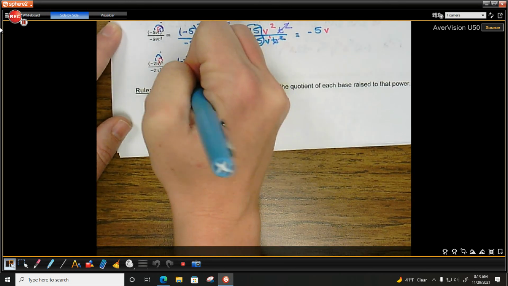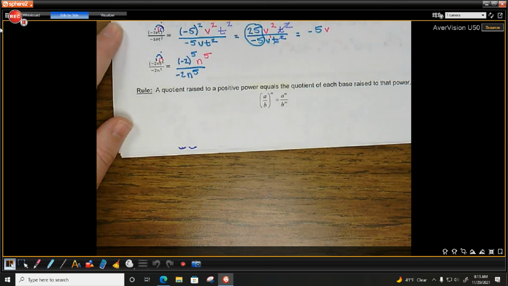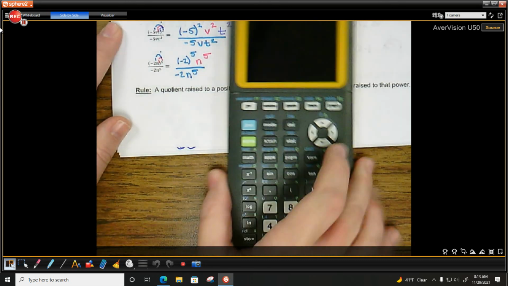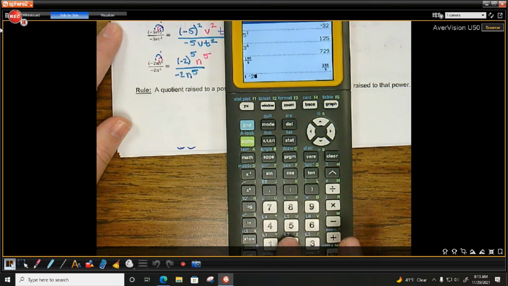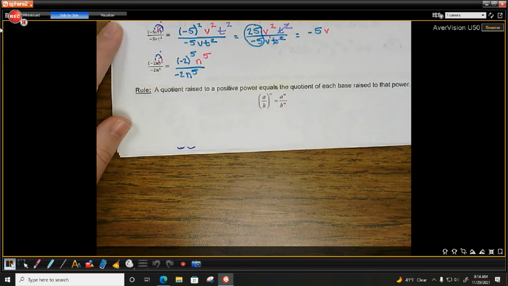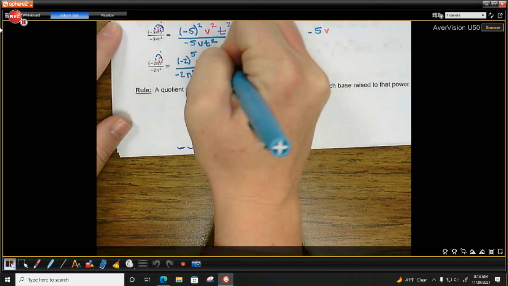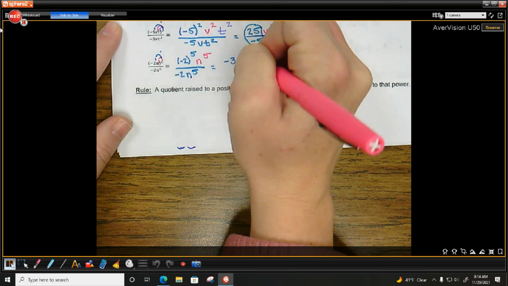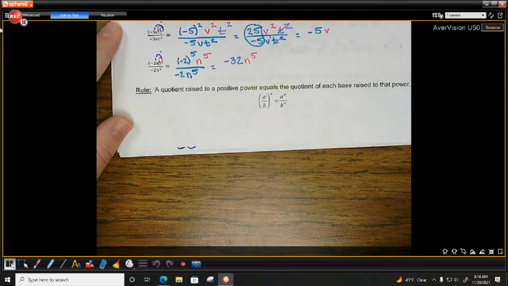Okay, so let's see. What is -2 raised to the 5th power? -32. So I get -32 n to the 5th over -2 n to the 5th. So I simplified the numerator.